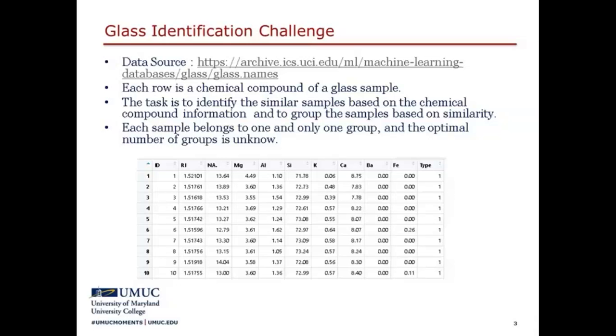I understand that each glass sample is labeled with a glass type, but we are going to omit the label. We are going to pretend that there is no label on a sample. We have to look at the chemical compound just to determine which samples are similar and place them in the same group. Let's say the optimal number of groups is unknown, and it's our task to determine it.